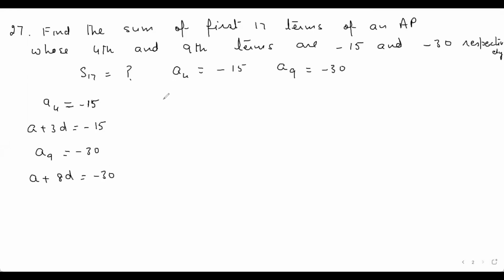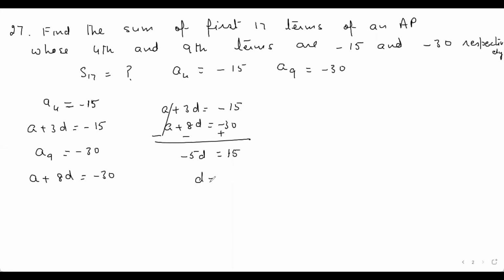So I have two equations. a plus 3d is equal to minus 15. a plus 8d is equal to minus 30. Find a and d. So I am using the elimination method here. Minus 5d is equal to 15.